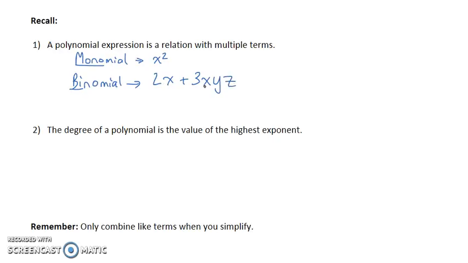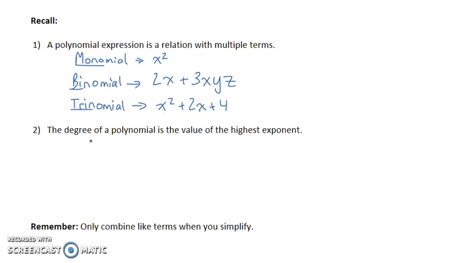Notice that x and 3xyz cannot be combined because they are not like terms. And we could have something like a trinomial. A trinomial has three terms. So for example, x squared plus 2x plus 4, which you probably remember is the standard form of a parabola, is an example of a trinomial.